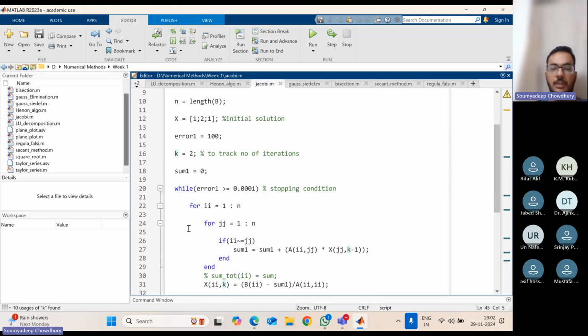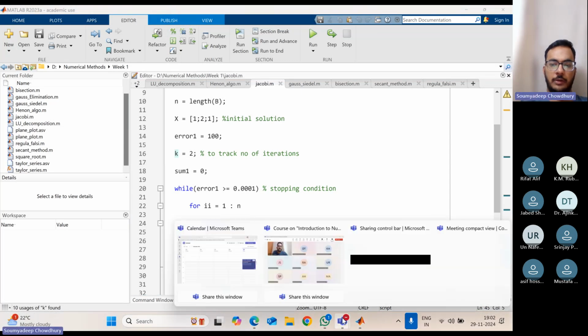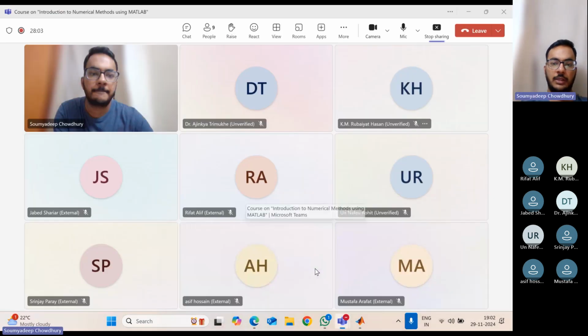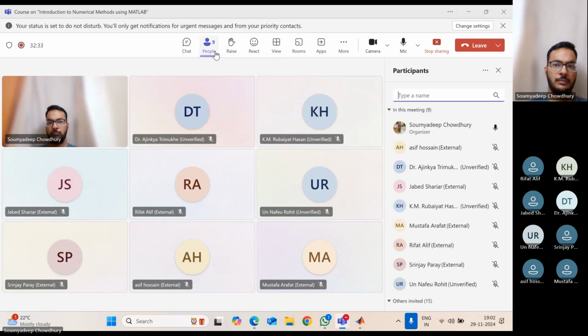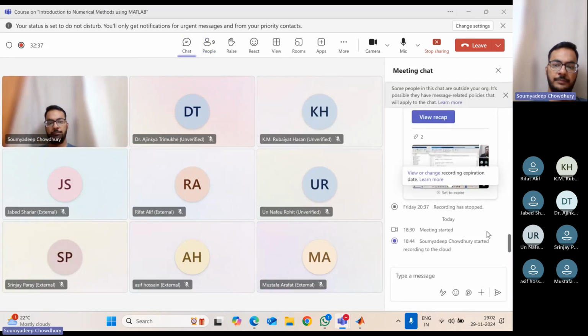Any confusions or any doubts in the MATLAB code? Anyone? I'll run the code and show you, but before that, any doubts, anyone? Is it clear? Any doubts?